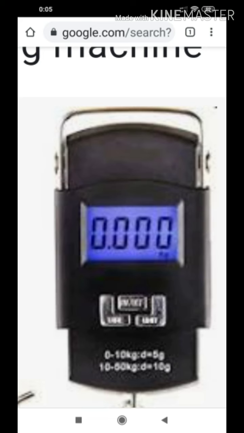The total span of the measurement range starts from 0 plus its resolution, and if you go on incrementing by its resolution, you can go up to its full scale maximum reading. What is the maximum reading here? 10 kg, that is 9.999 kg.